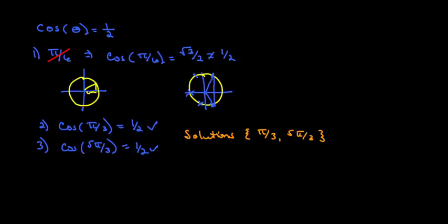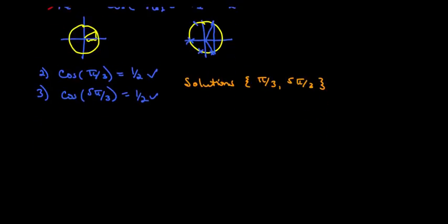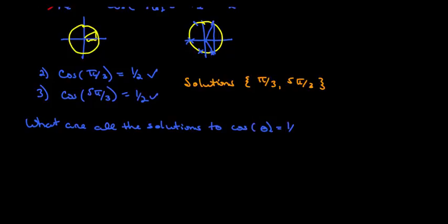Now if we don't restrict our angles, like if we ask what are all the solutions to the cosine of theta being equal to 1/2, well, we need to list every angle that has a cosine value of 1/2.